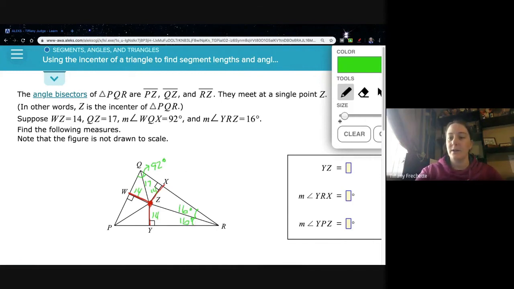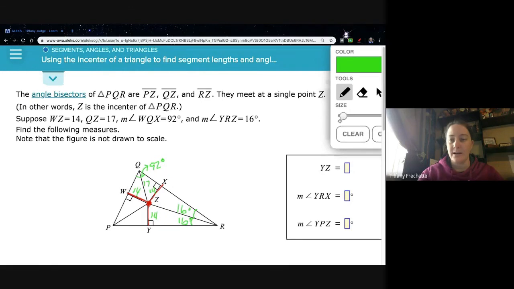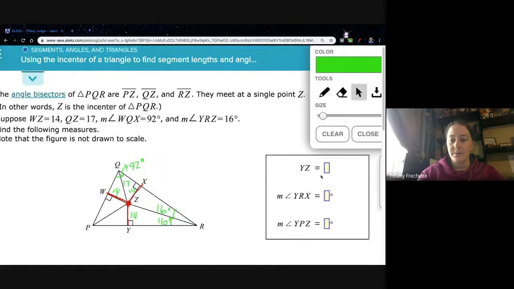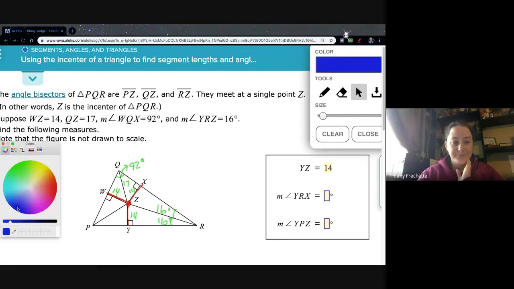All right, so let's go ahead and start filling in some of the information that we already have. So YZ, sorry, we already filled in YZ. Remember, they gave us WZ. So it's super easy. We already know they all have to be 14. Okay, the next part is YRX, and that was one that we did start filling in there.